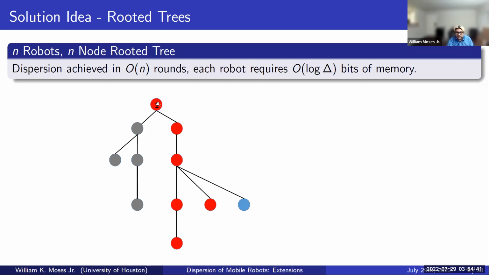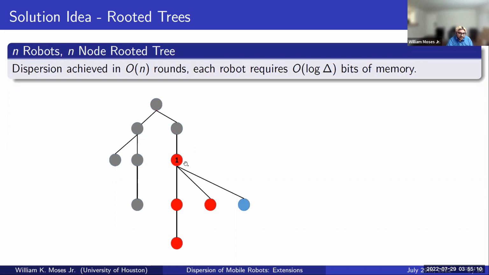So for example, this exploring robot, it knows that once it leaves through this port, it's going towards the final resting place. So it tells the root, you can shut down now. This similarly for this node, once this exploring robot knows it's about to take this port that leads down. So it'll tell this node, the exploring robot will tell the settled robot, all right, you can terminate.